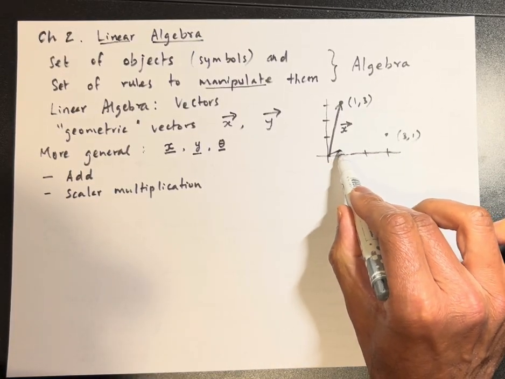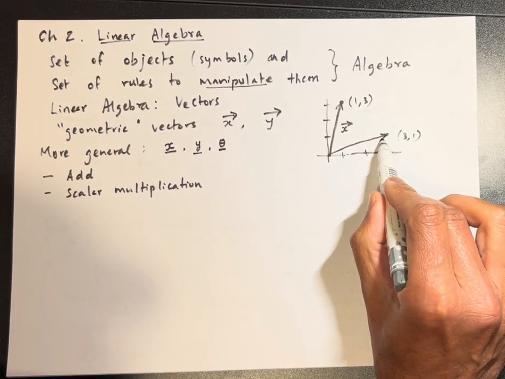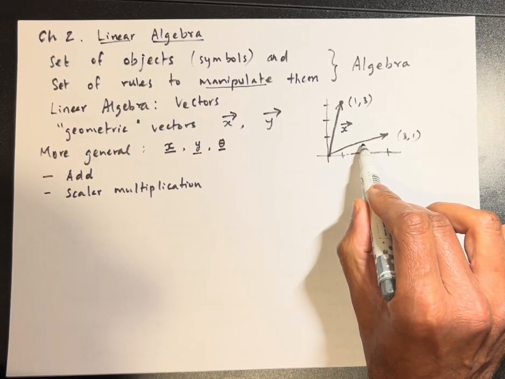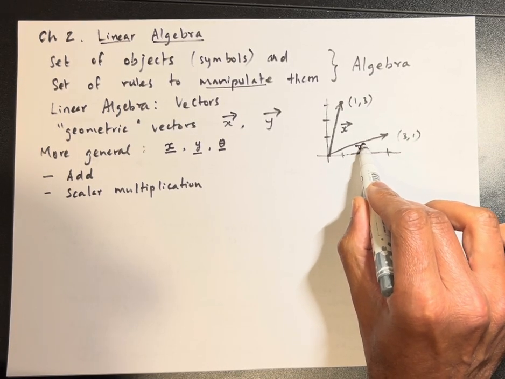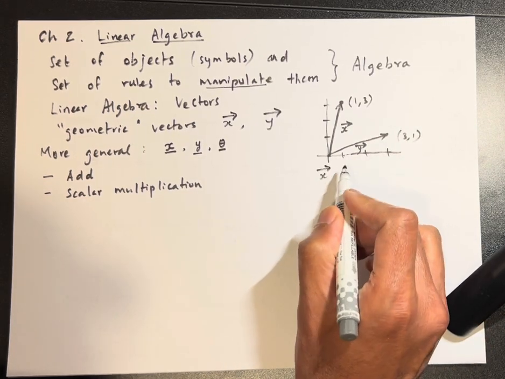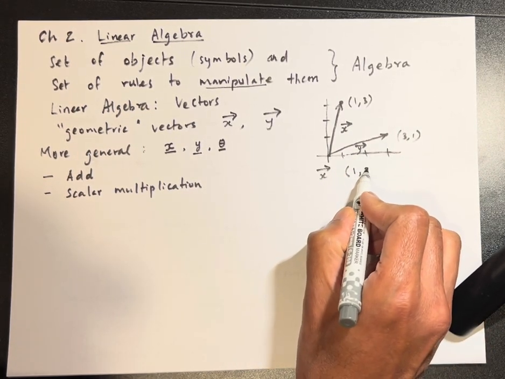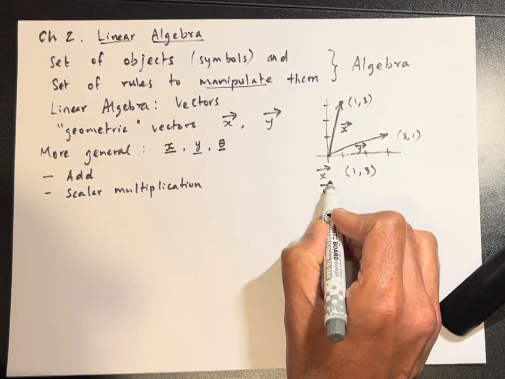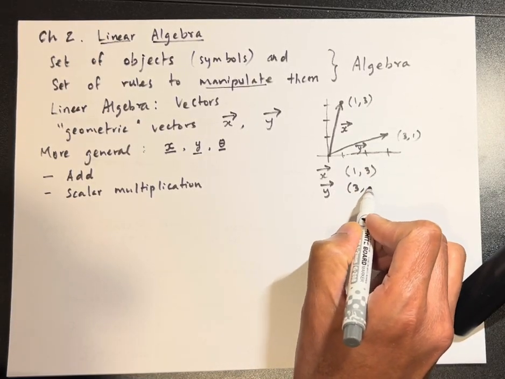So I'm drawing another one here, and this is vector y. So this x is (1, 3) and y is (3, 1).